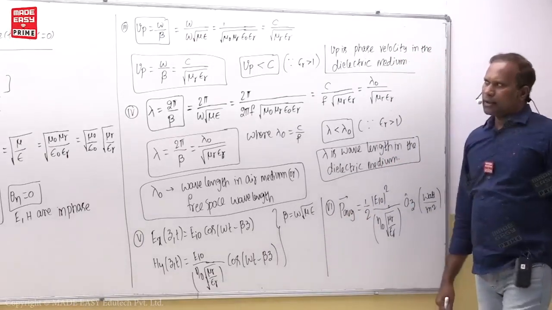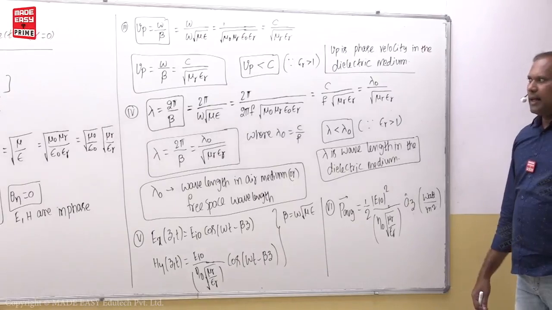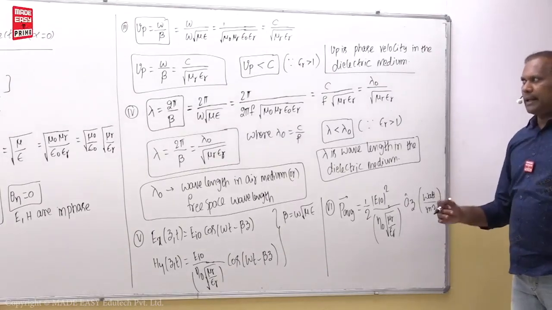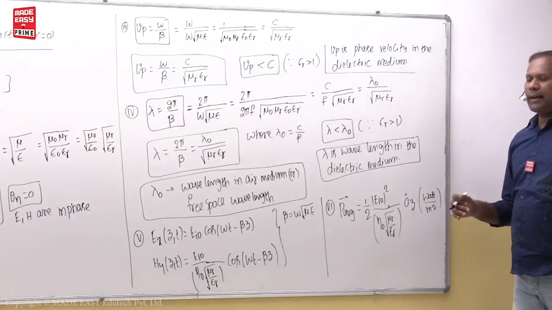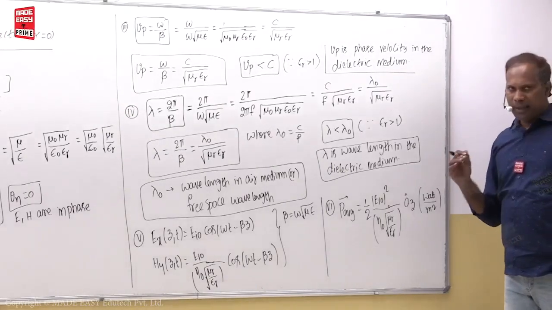Now we are going to discuss case 3, that is wave propagation in the imperfect dielectric or otherwise lossy dielectric, because for imperfect dielectric sigma is not 0, so in that case alpha also will not be 0, students.